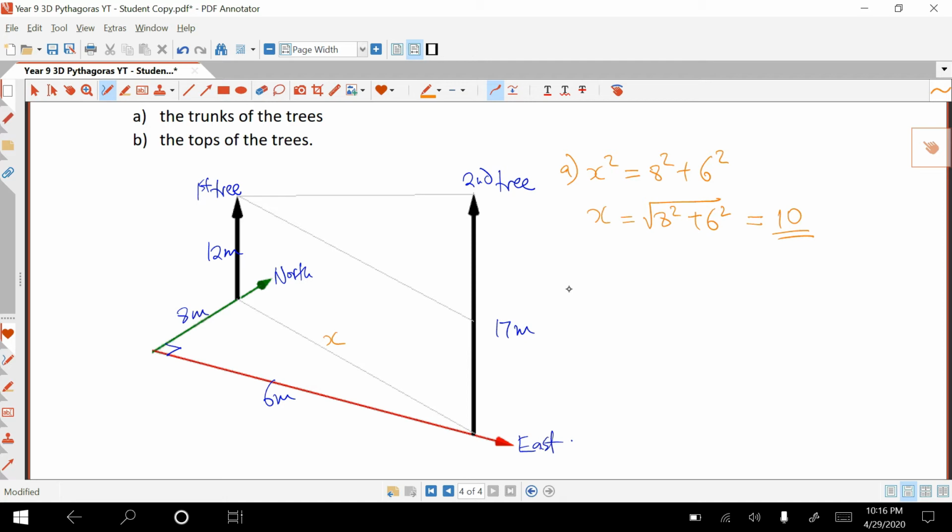Okay, and then part B, so this is 10. Part B, we are required to find the distance between the tops of the trees, so from here all the way to there. So if this is 10, that means that length should also be 10. Yeah, so this is 10 meters.